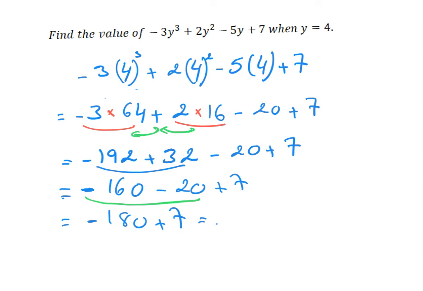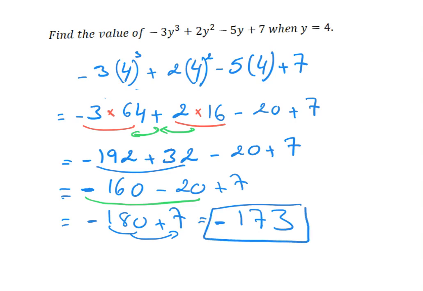So it's negative, because 180 is greater than 7, and the difference between 180 and 7 is 173. So the answer will be negative 173. This is a little bit longer. It's kind of challenging because we have too many steps here, right? But that's the answer, and this is how you evaluate a polynomial with a given value of the variable.